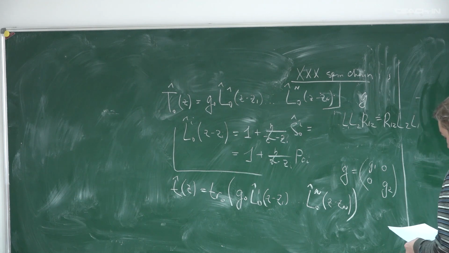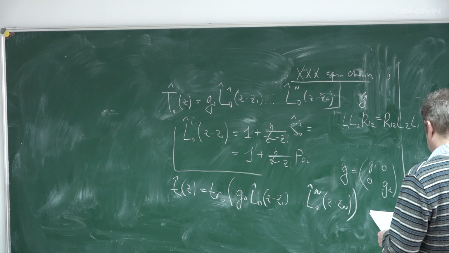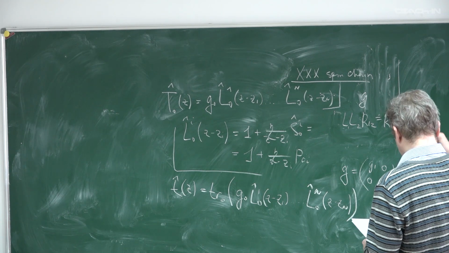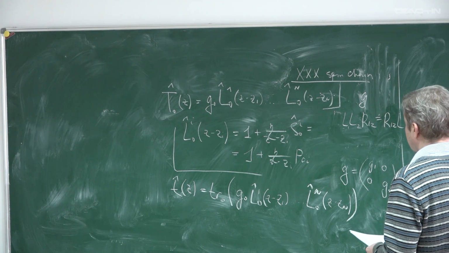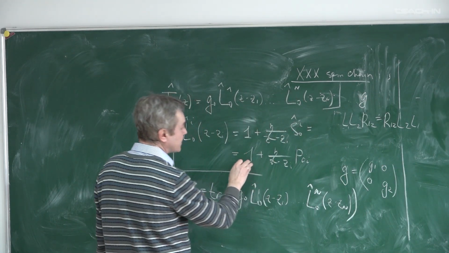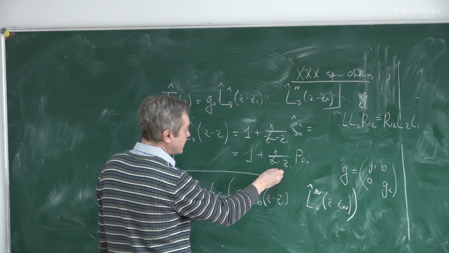So, the computation is in fact quite straightforward, but it requires some calculations. First of all, let us write it in some general form. All these expressions are some rational functions of the spectral parameter z.